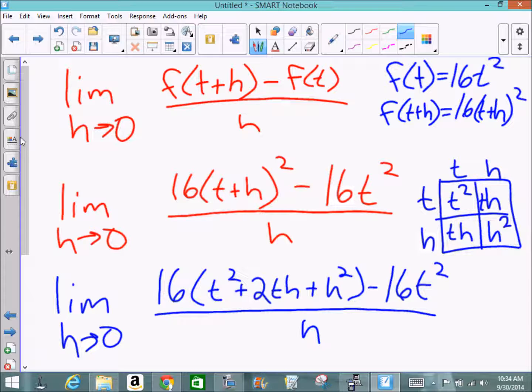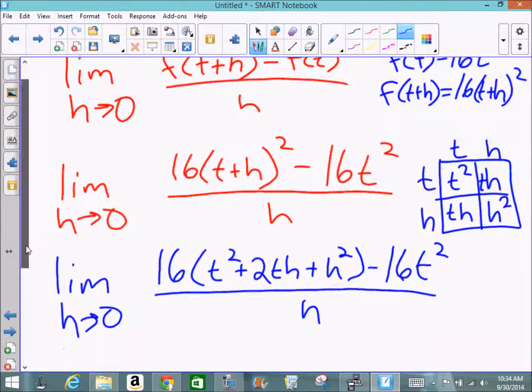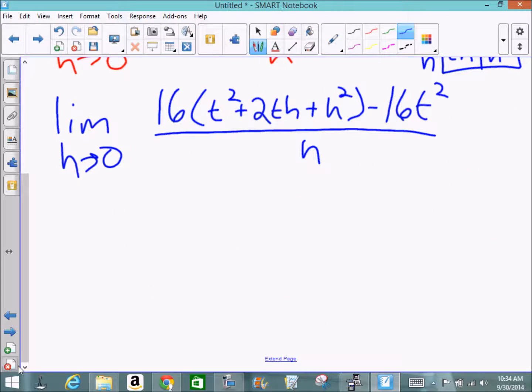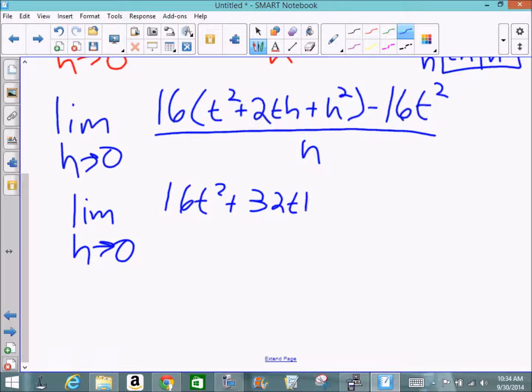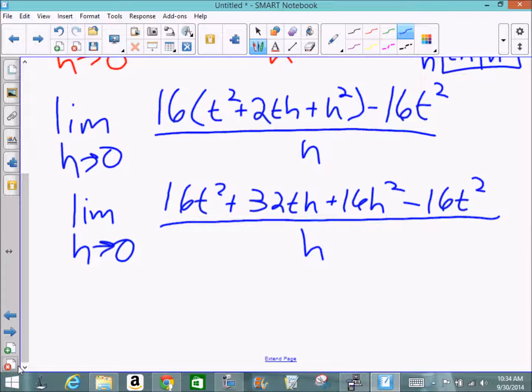So I push the 16 through the parentheses and get 16t squared. And then 16 times 2 is 32, so I get 32th plus 16h squared.